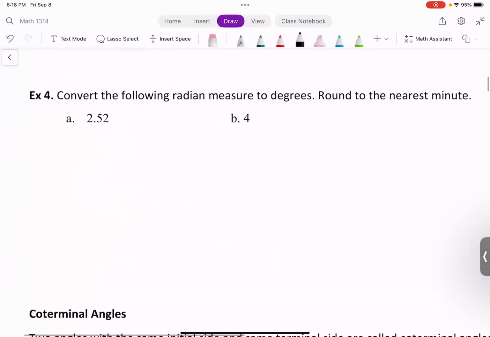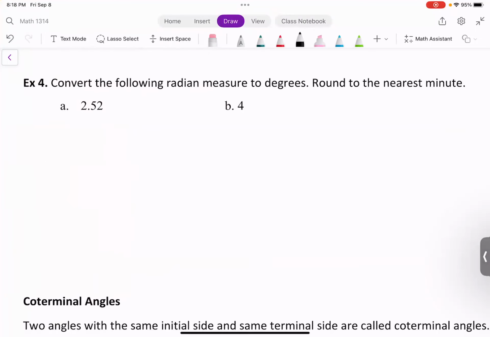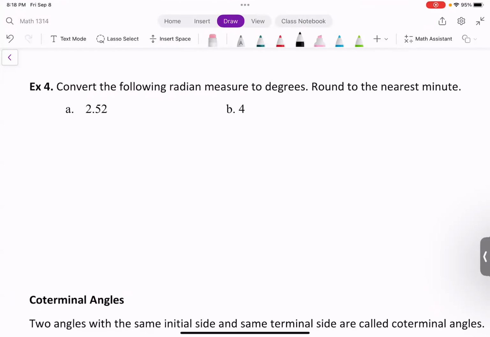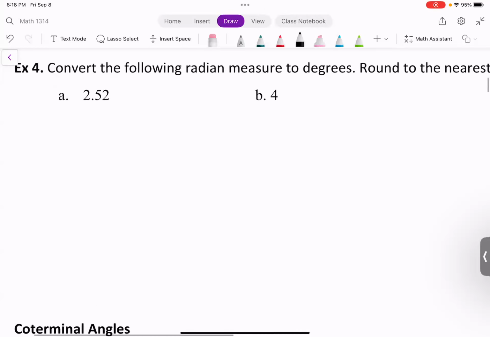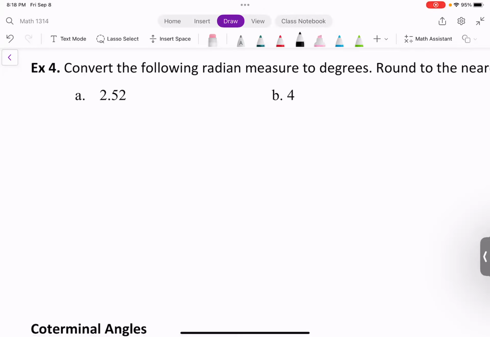Let's see the next part. Convert the following radian measure to degree, round to the nearest minute. Okay, so from radian to degree.